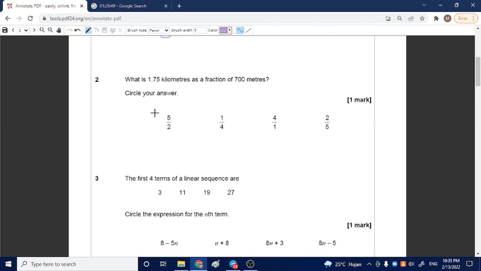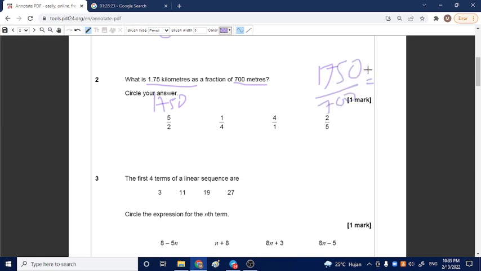All right. 1.75 kilometers is a fraction of 700 meters. First, we have to convert both to the same unit. This will become 1750 meters as a fraction of 700. That means we would have to find 1750 over 700.